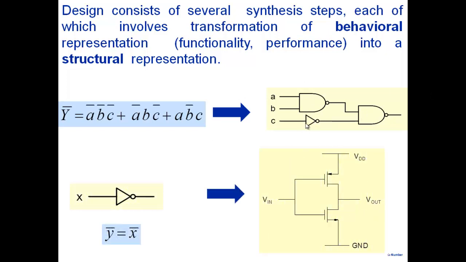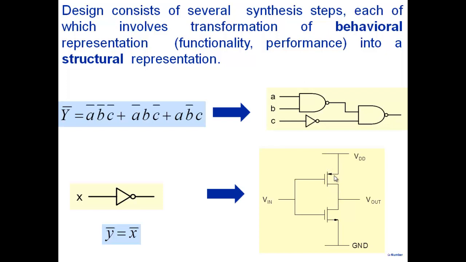Similarly, if I take one element here, an inverter, an inverter is also a behavioral expression. It says Y equals X bar. So it's a behavioral expression. And in the next step, each one of these gates I'll have to transform into a structure again, and this is a structure that is now composed of transistors.